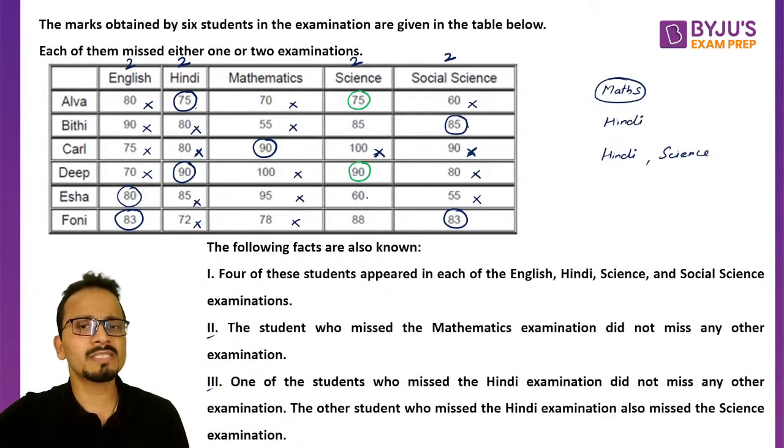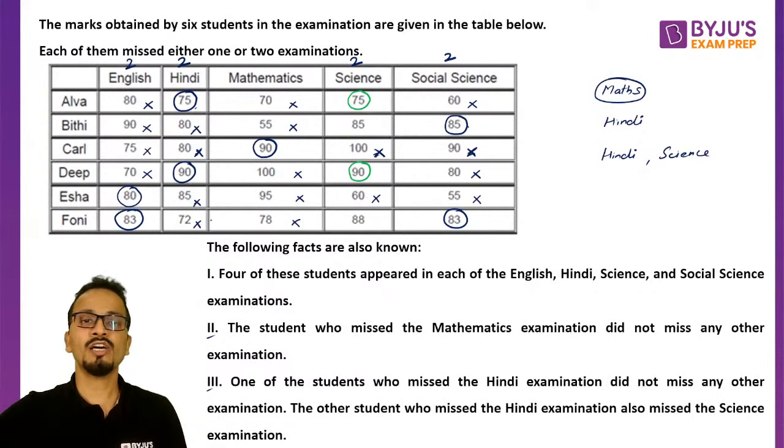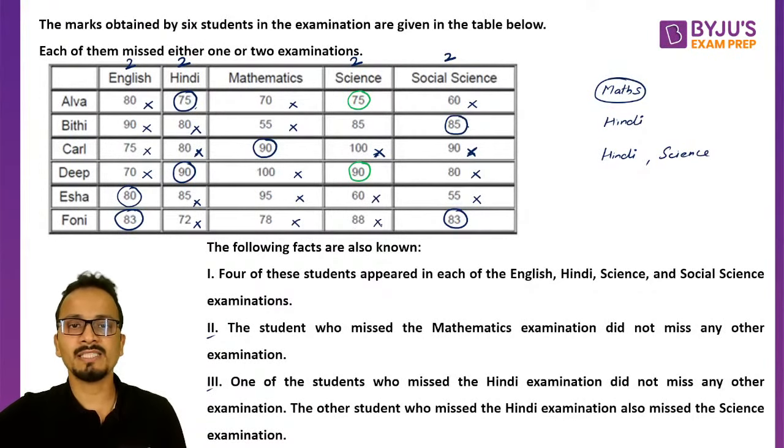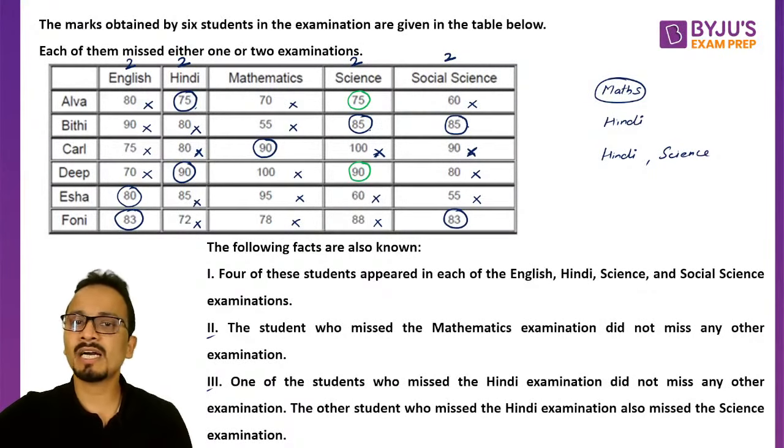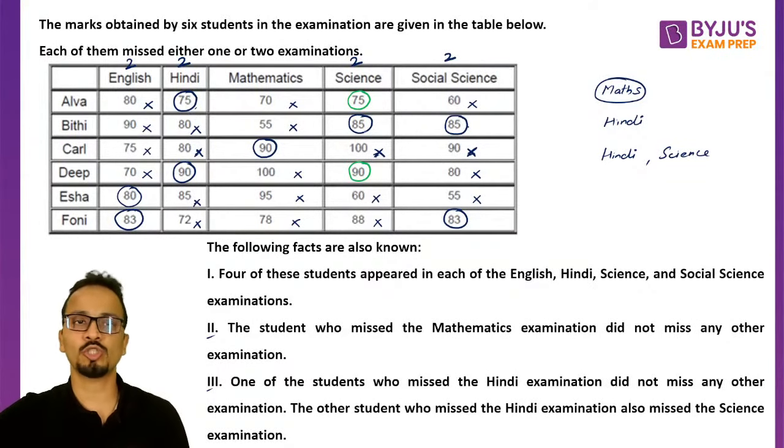Isha cannot miss science because Isha has missed English, and English and science should have had equal marks. For the same reason Phony cannot miss science. So only Bithi is left, who can miss science, and Bithi's marks in science and social science are equal, so that shows that Bithi can miss both science and social science.